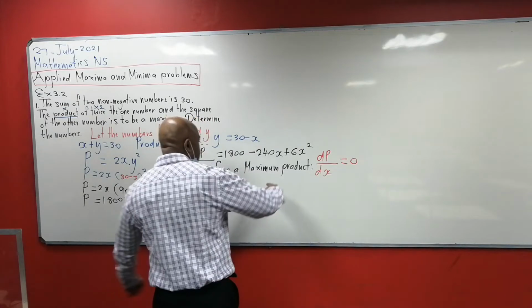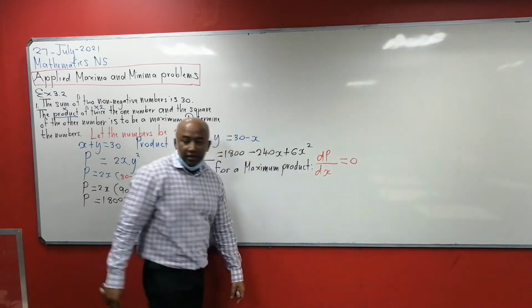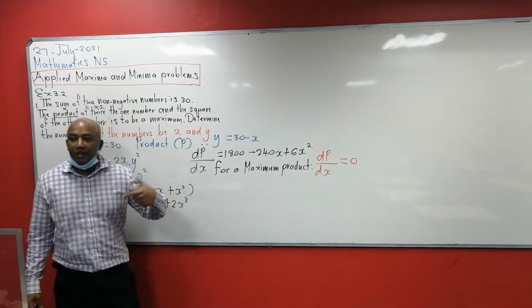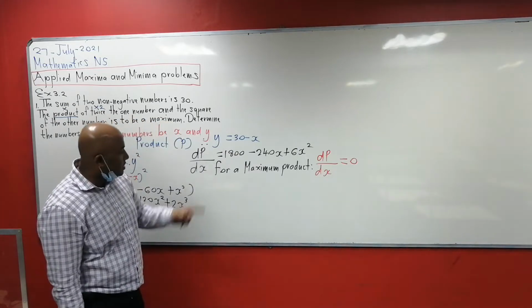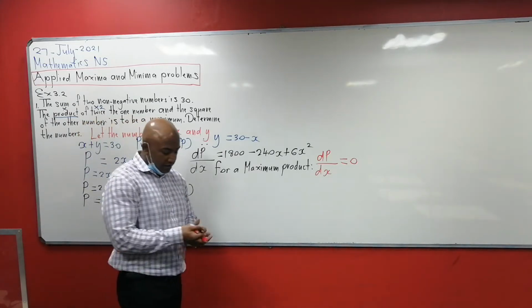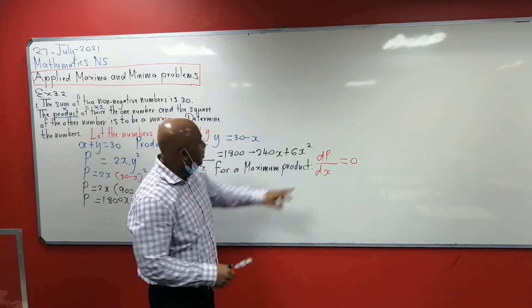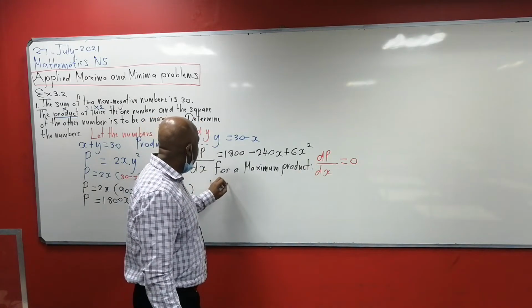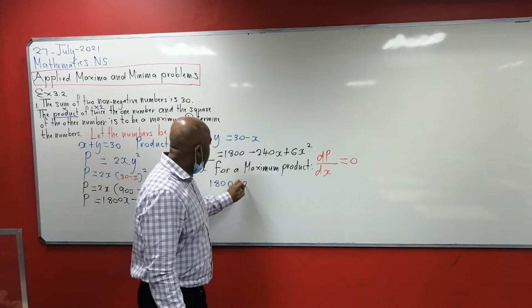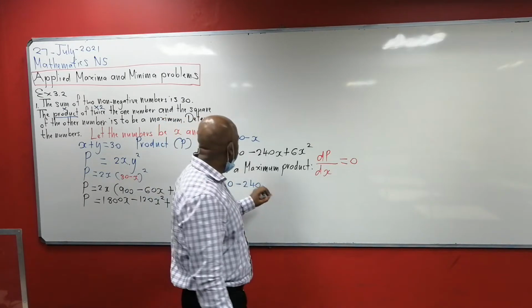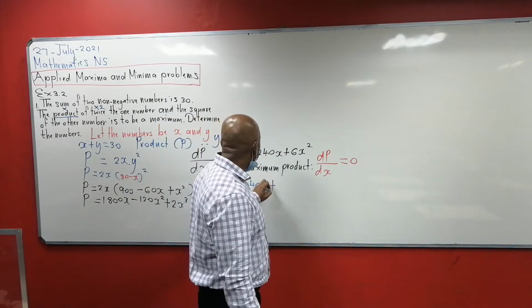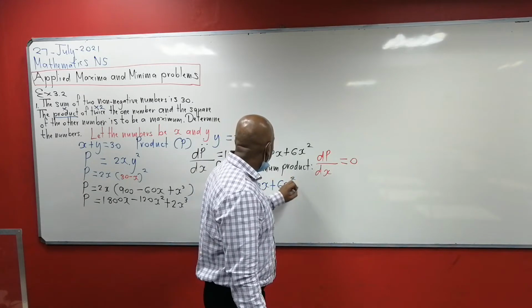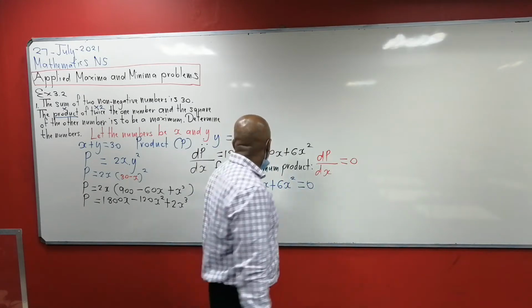Right, so you must write this down, dp over dx equals 0 first, and now we can substitute into this equation. So if I substitute, what is my dp over dx? It is 1800 minus 240x plus 6x squared, and that is equal to 0.